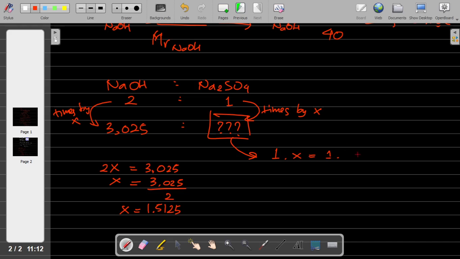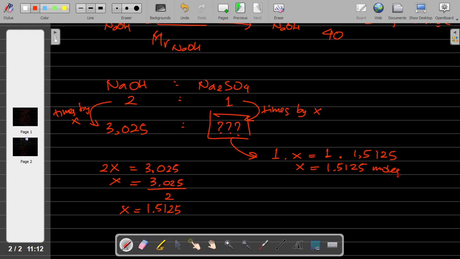So 1 times 1.5125. So the x is 1.5125 moles.